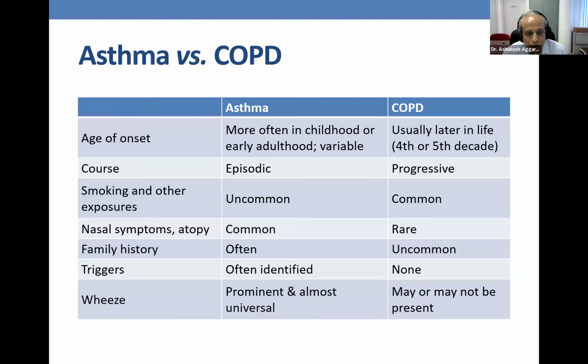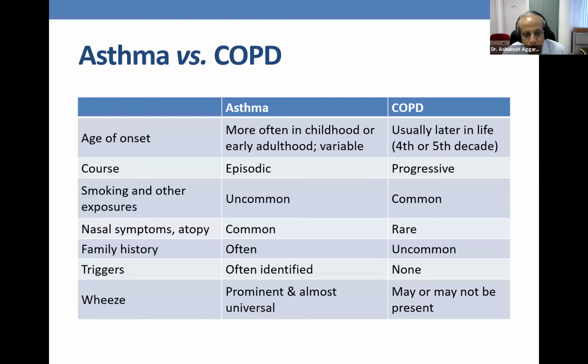COPD patients also have a common exposure history, mostly related to smoking, either active or passive, or even other exposures such as exposure to biomass fuel combustion at home, or air pollution and so on. Whereas some of these exposures are distinctly uncommon in patients with asthma.